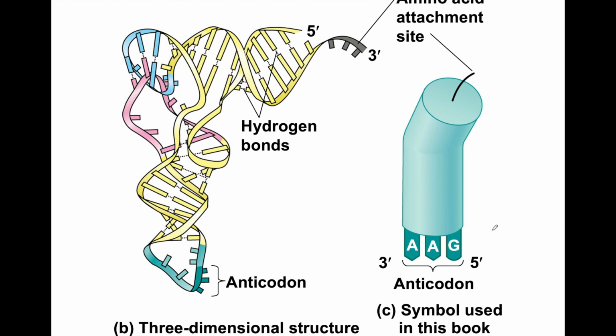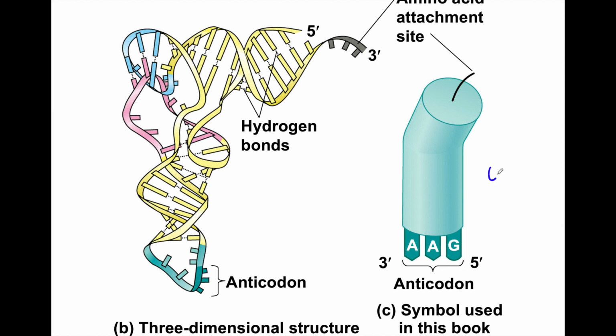But it turns out you do not actually have 64 different tRNA molecules. To save your cells some time and energy, some tRNA molecules will match up with more than one codon. Remember, the genetic code is redundant, which means more than one codon can code for the same amino acid. A lot of times that redundancy is in the third base.